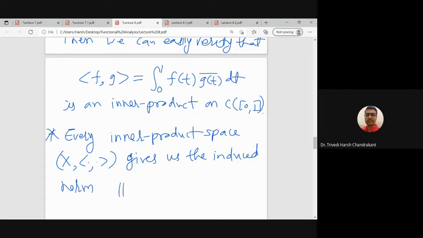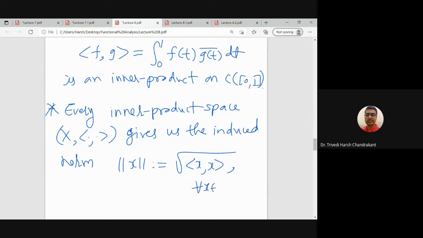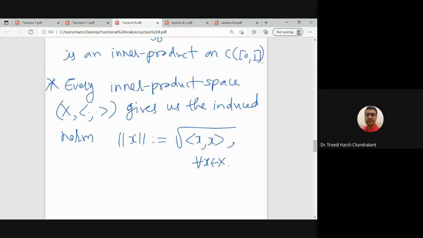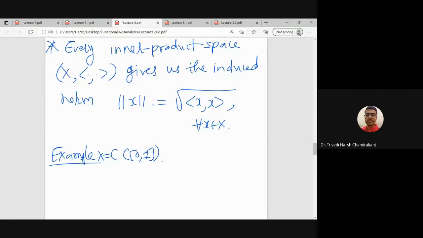So the norm is basically defined as norm of x equals the square root of the inner product of x with x, for every x in X. We can check that this function satisfies all the properties of a norm. So the example is on C[0,1]. We have just defined the inner product, so that gives us the norm of f, which is the square root of the inner product of f with f.